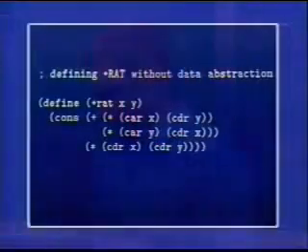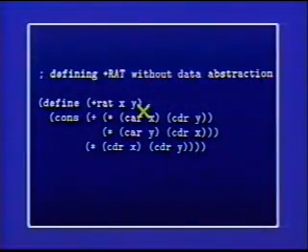See, we certainly could have defined plus-rat, which takes in x and y, and we'll say, well, what are these rational numbers really? Really they're just pairs, and the numerator is the car and the denominator is the cdr. So we'll take the car of x times the cdr of y, multiply them, take the car of y times the cdr of x, multiply them, add them, take the cdr of x and the cdr of y, multiply them, and then cons together.